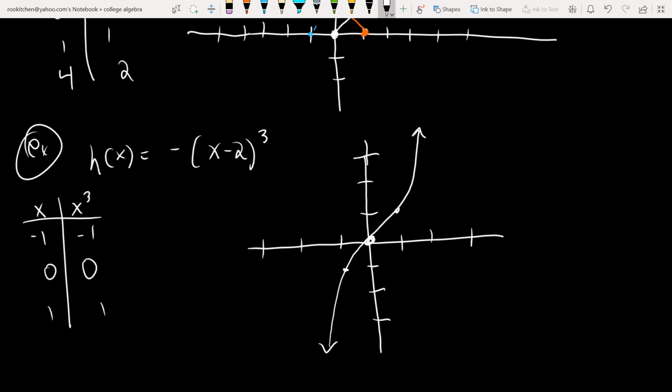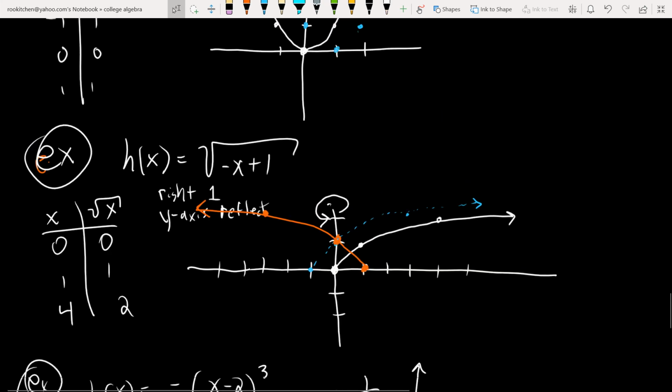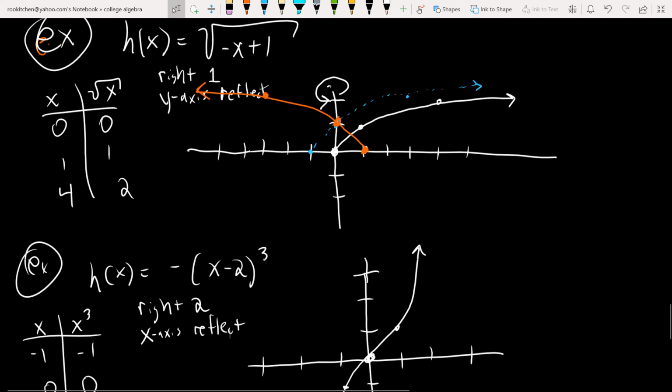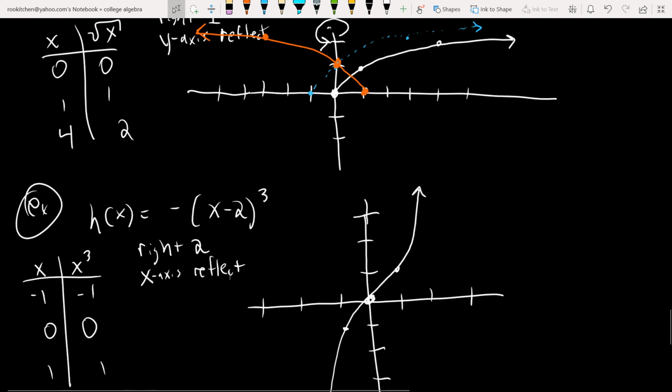On the inside, you can see there's a horizontal shift, so we want to go right 2. And then on the outside of the function, there's that negative. So that is your x-axis rotation, or reflection. You got to do that second. Did I do it wrong upstairs on that last one? No, right is first, and then, okay, we're good.